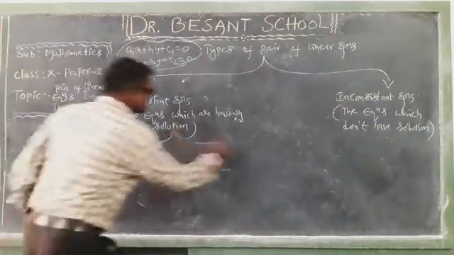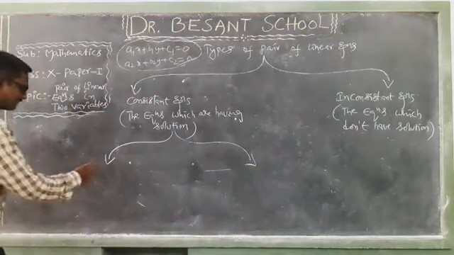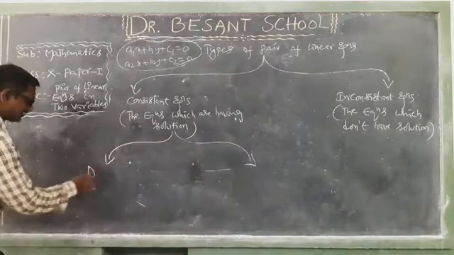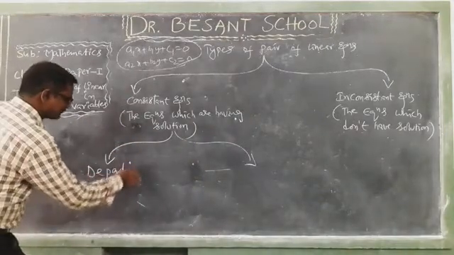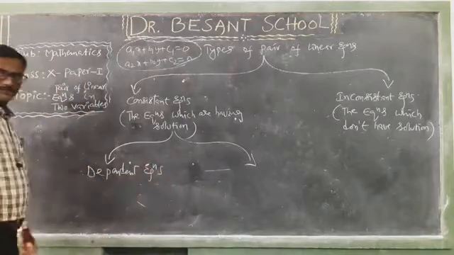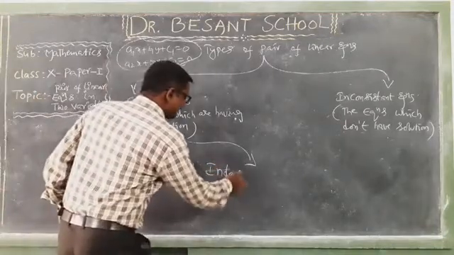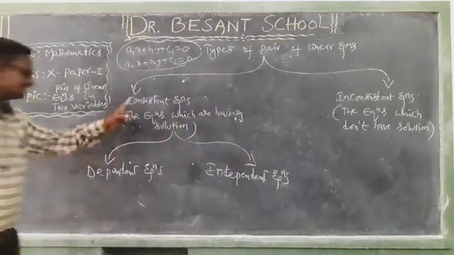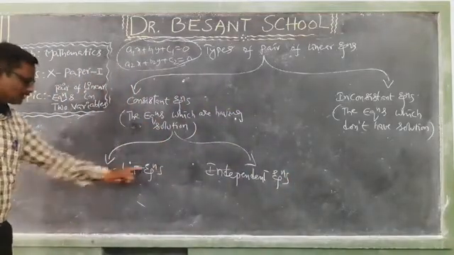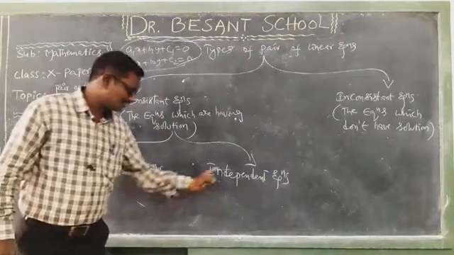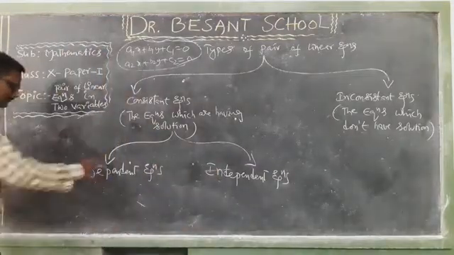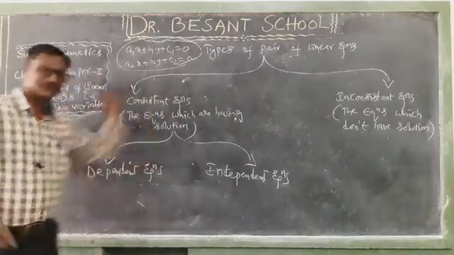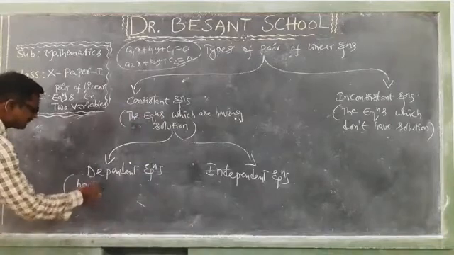Again, consistent equations are classified into how many types? Two types: dependent equations and independent equations. Dependent equations means equations which are having infinite solutions.